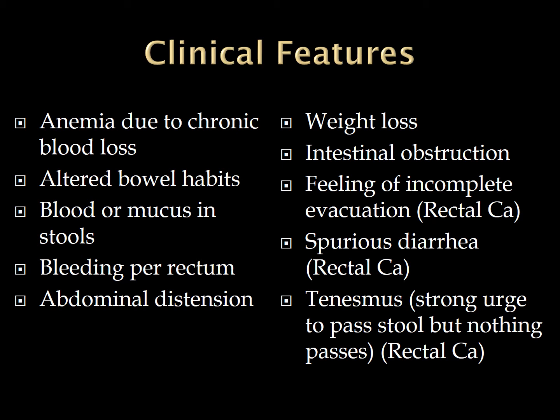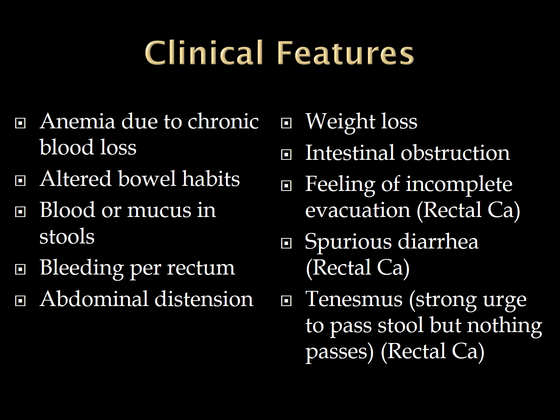Some people pass the stools twice a day. Some people pass the stool every second or third day. So if there is a change in the bowel habit, one has to think that there is something wrong, and this altered bowel habit is one of the features of colorectal malignancy. Another thing is blood or mucus in the stools.